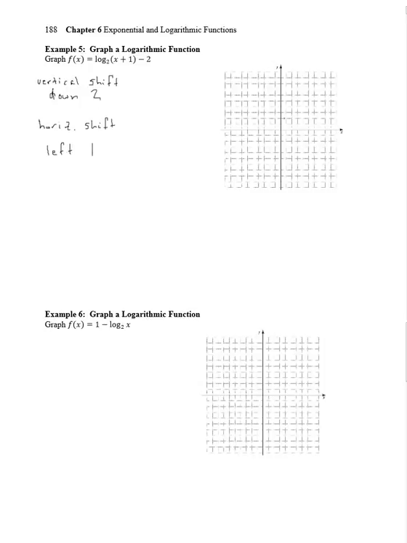Wow, this is a terrible looking graph. We know the point 1, 0 is on the graph of any logarithmic function. So if we shift that left 1 and down 2, we are at the point 0, negative 2. Okay, we can just plot points if you want also.